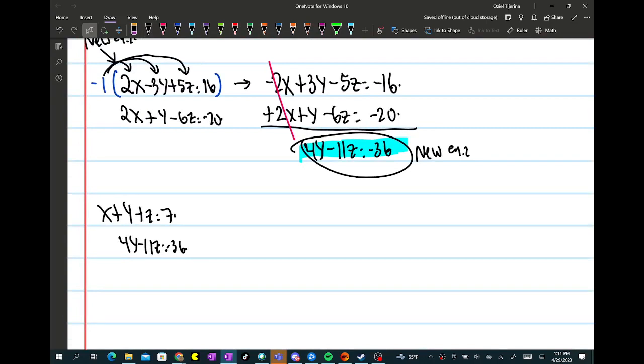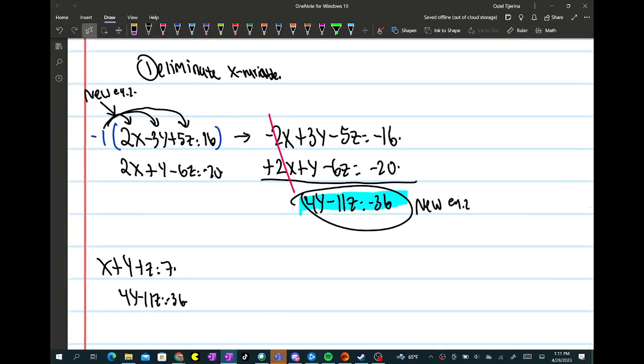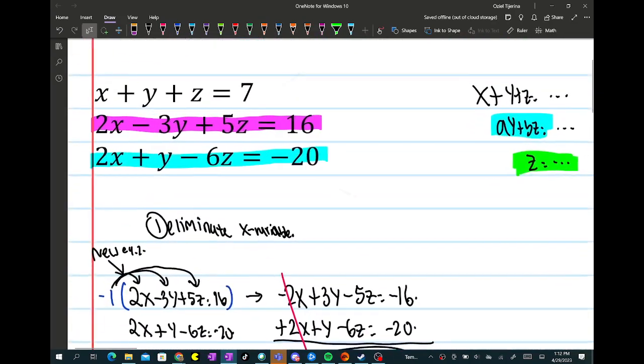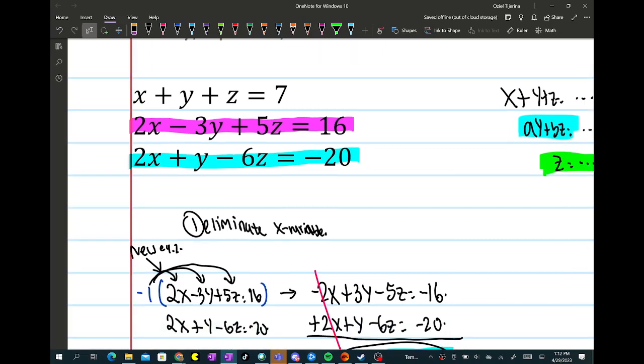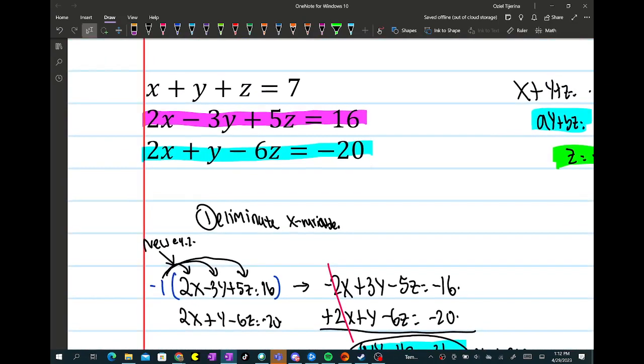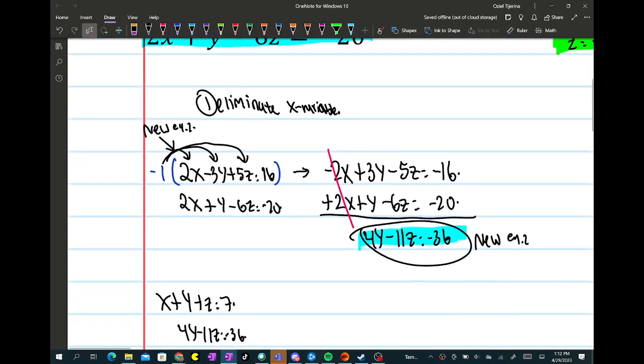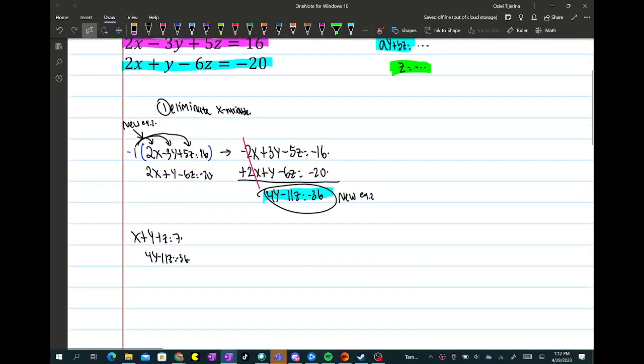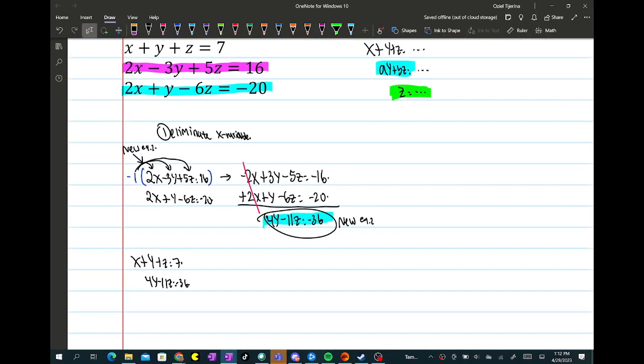What I can do is grab my two original equations, because that is what I got for negative 4y, or I'm sorry, minus 11z equals negative 36.